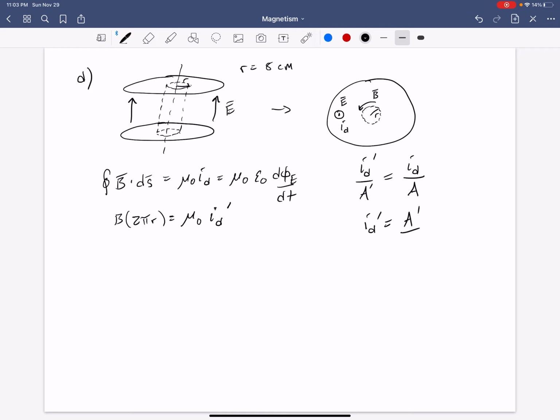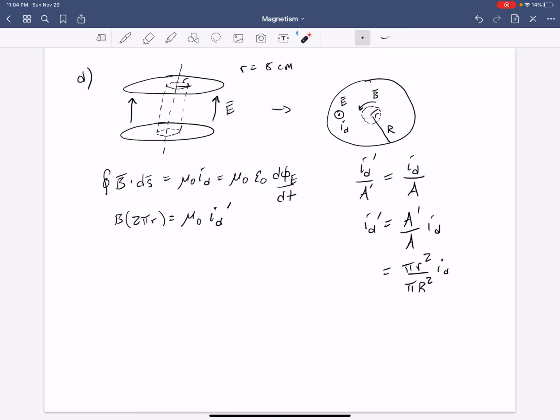And so this gives us an expression for our displacement current in just that tiny region. Specifically, A prime over A times I. Okay? And this equals pi r squared divided by pi capital R squared, times ID.